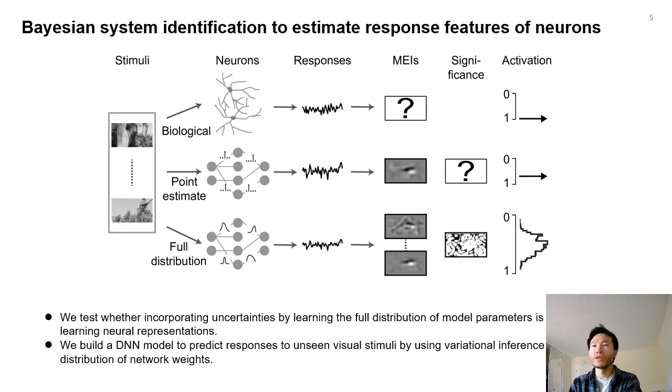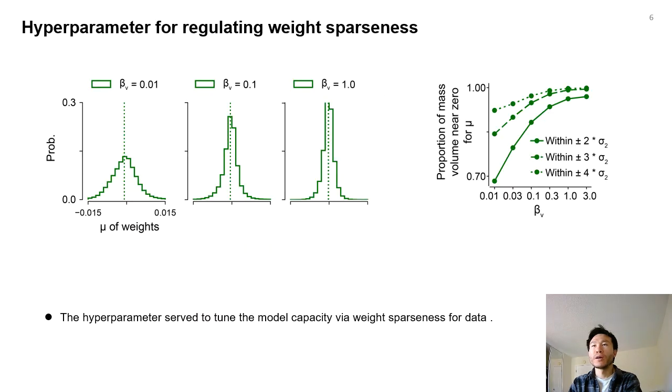To this end, we built a DNN model to predict responses to unseen visual stimuli by using variational inference to estimate the distribution of network weights. I will not go into the technical details, but if you're interested, we can discuss after the talk. Here I show you one hyperparameter, beta v. This is the distribution of the mean of the model weights.